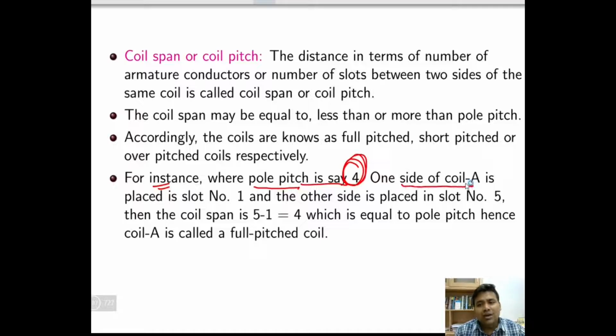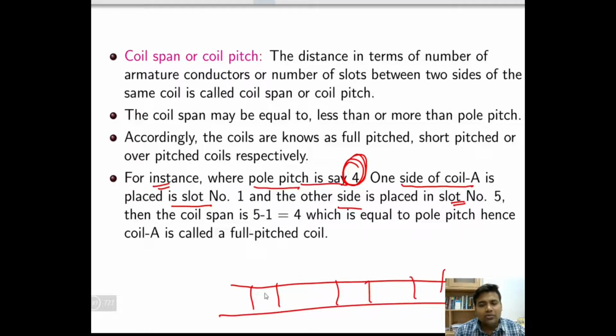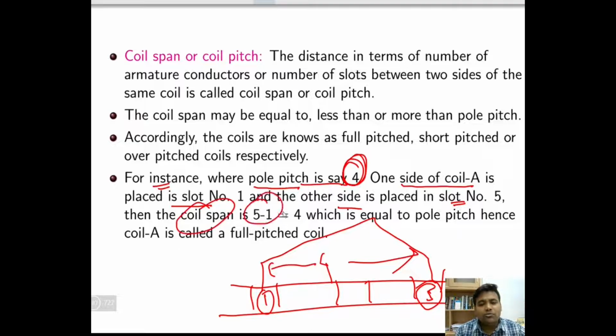One side of coil A is placed in slot number 1 and the other side in slot number 5. The pole pitch is 4 and the coil span is 5 minus 1, which is 4, equal to the pole pitch. Hence coil A is called a full pitch coil.